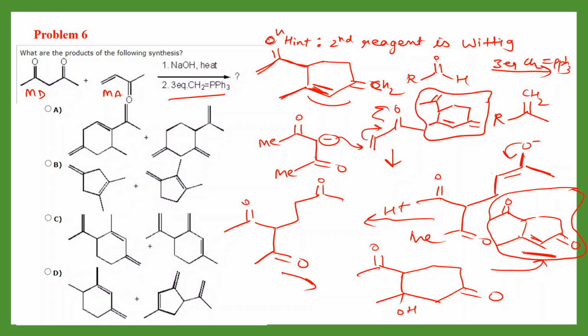So your alpha beta unsaturated, wait, this. Let's draw it like this, na? Okay, alpha beta unsaturated this, and just next to it there is one isopropenyl unit. Alpha beta unsaturated.